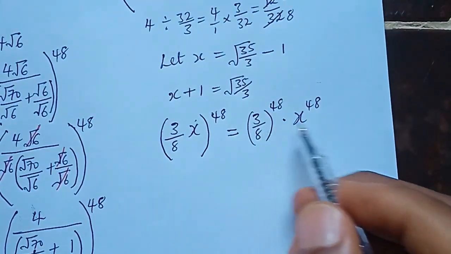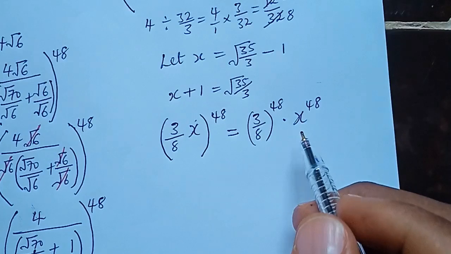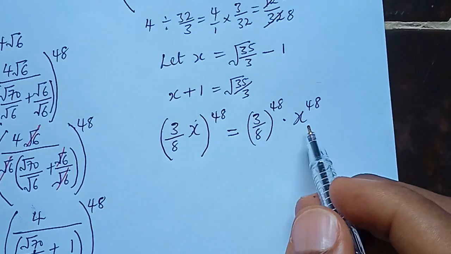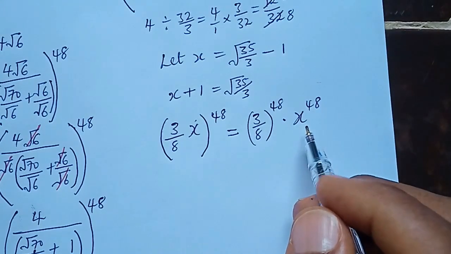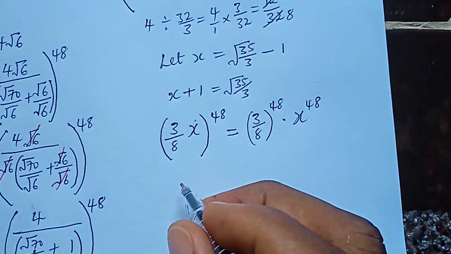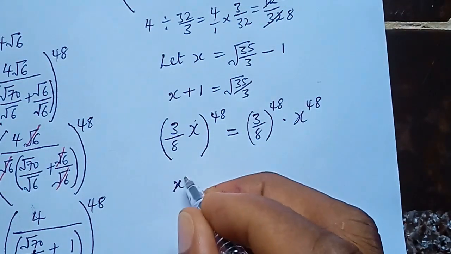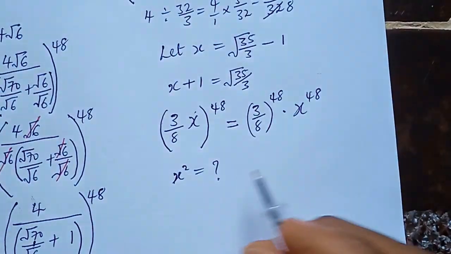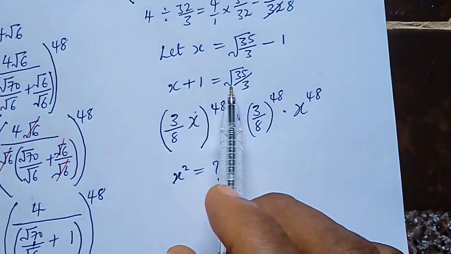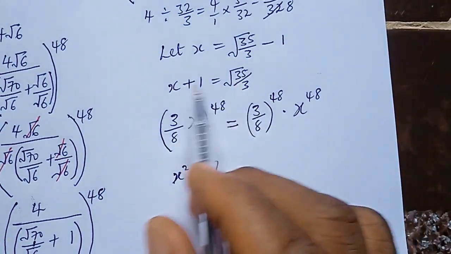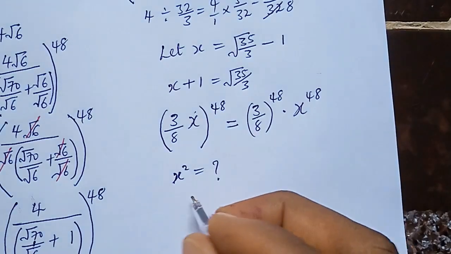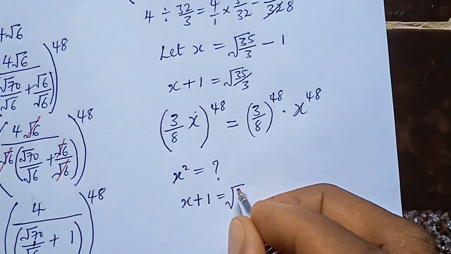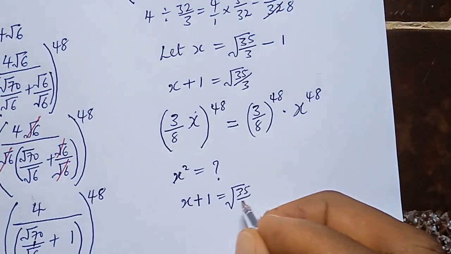We can easily compute this, but we need to compute this x raised to power 48, which we will now be focusing on. What we need to do here is to start with x squared, to first compute x squared. What will be our x squared? From this expression, we have x plus 1 equals square root of 35/3.